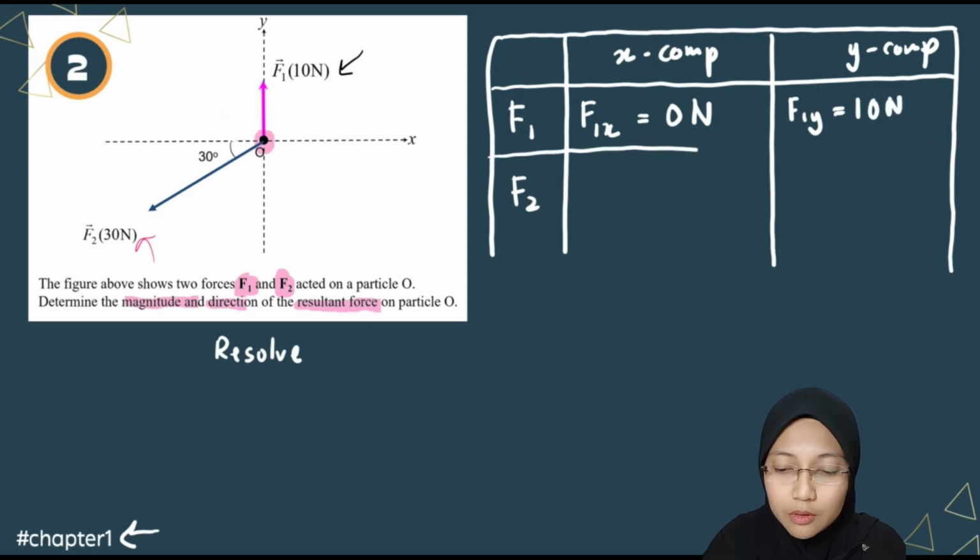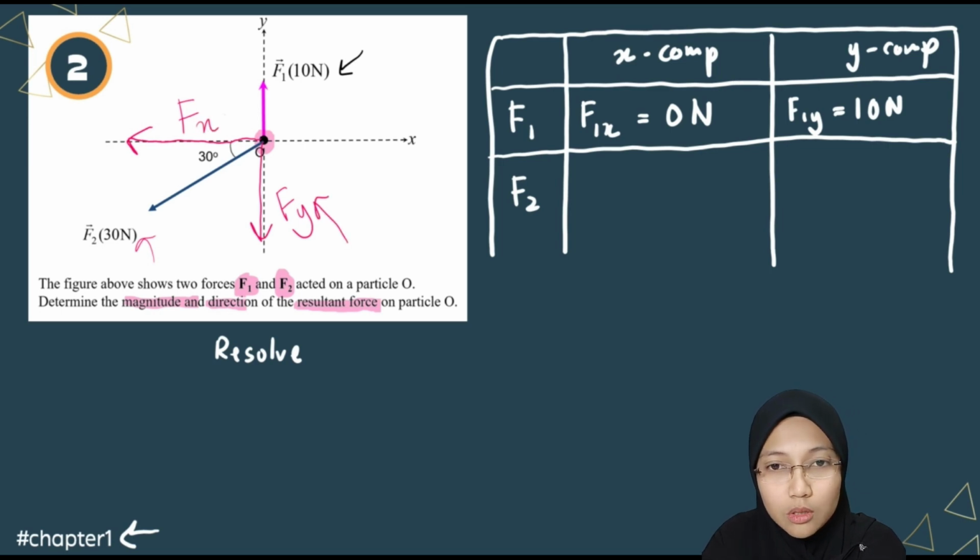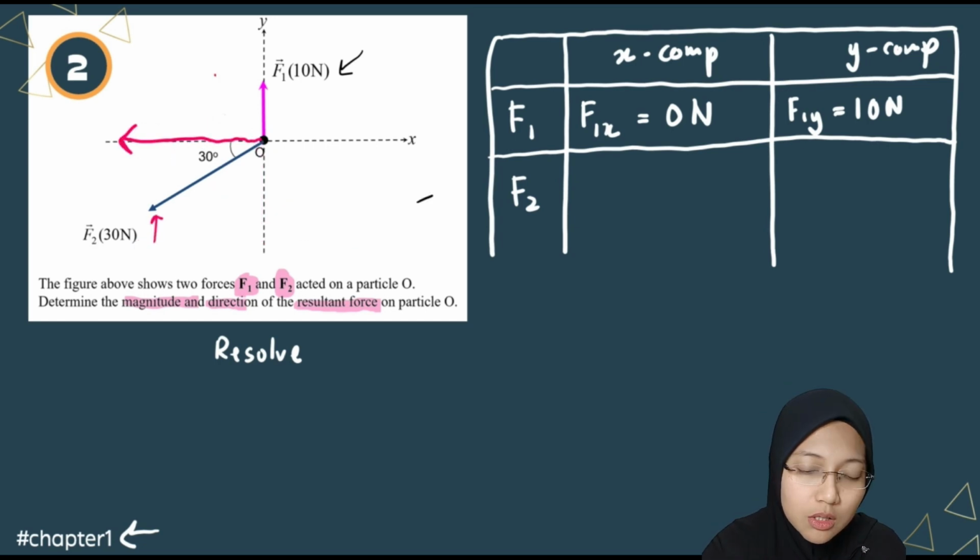And for F2, we draw the x component that you have resolved and also the y component. So this is the x component and this is the y component. When you resolve your component, it always goes to the nearest axis.